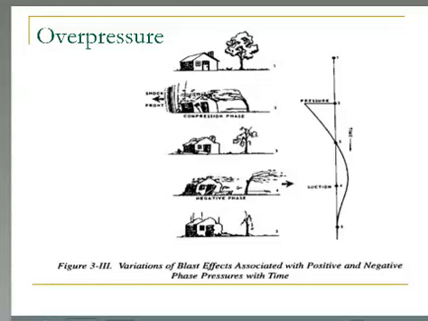The next form of energy, and the most destructive form of energy, is the overpressure that is released by the bomb. When the bomb explodes, it pushes air away with such force that it knocks things down. And when it pushes it away, it creates a vacuum where there is no air, because all of the air has been displaced by the explosion.